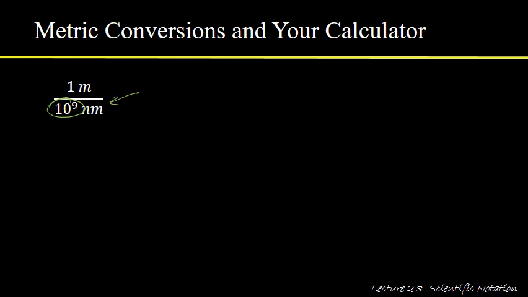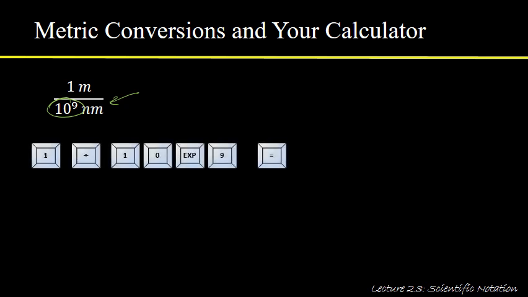The point I wanted to make with this is if you have a number like that in your calculator and you're doing some math with it, right? People very often type this in as 1 divided by 10 to the 9th, right?